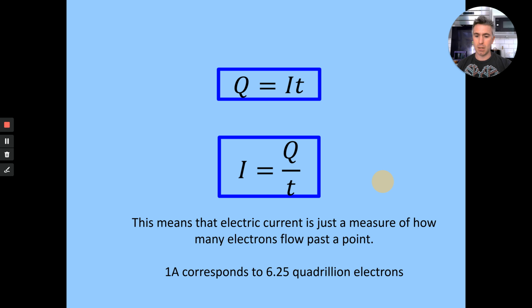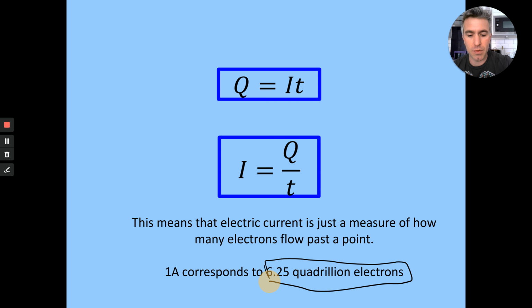Let's see the equation again. Here's a little fun fact. If you're measuring, Q equals IT, rearranged like this, I is Q over T. If you have 1 amp, that is 6.25 quadrillion electrons. So that's 6.25 times 10 to the 18 electrons, which is quite a lot.